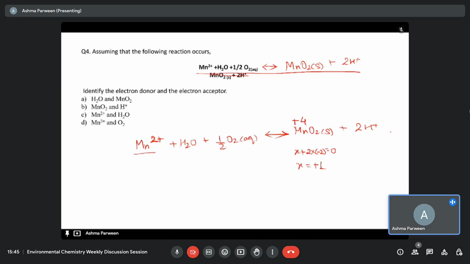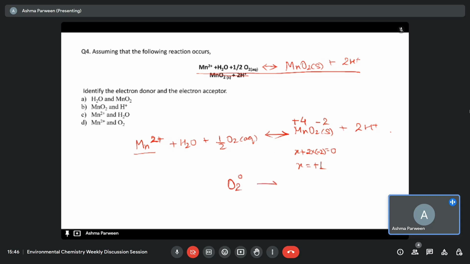And for hydrogen it is plus 1, and here also plus 1. So let's see what the oxygen is. Oxygen has minus 2 charge, but we know that elements with the same atoms have 0 charge, so here it is 0.